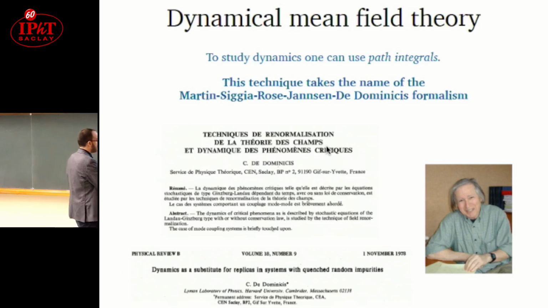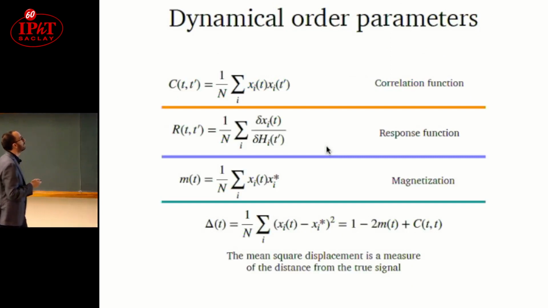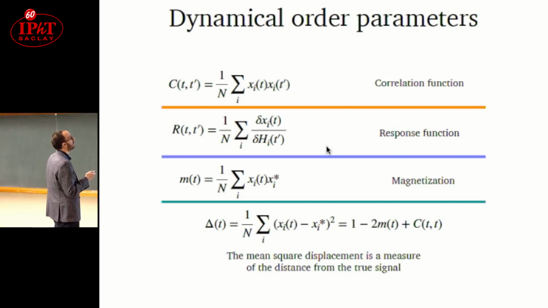So you apply this technique to this problem, and you get a set of dynamical order parameters. And these parameters are just correlation functions that tell you, for example, what is the similarity between two configurations during the dynamics at time t and t prime. You have a response function that tells you how much the trajectory of your system changes if you apply some perturbation at a previous time.